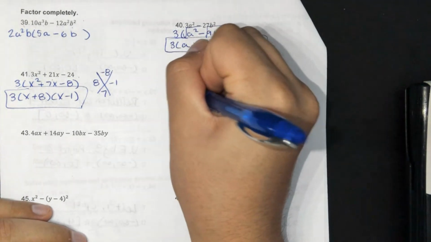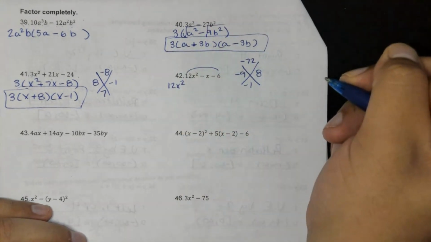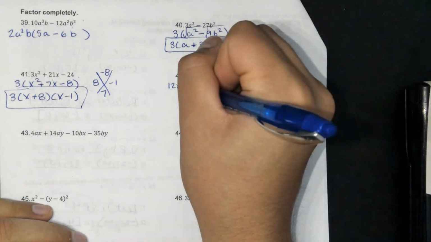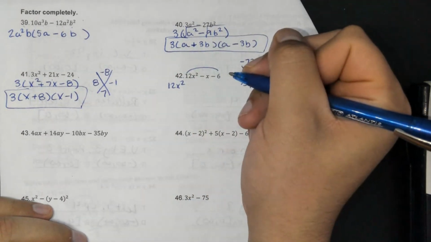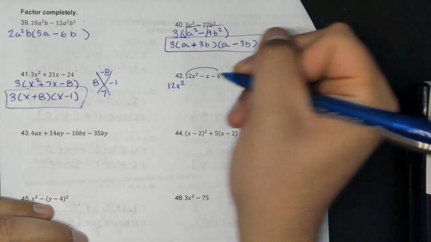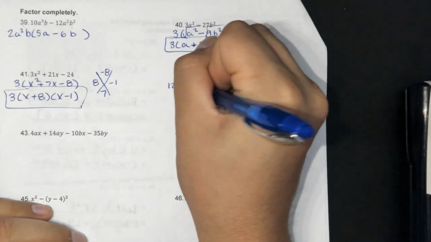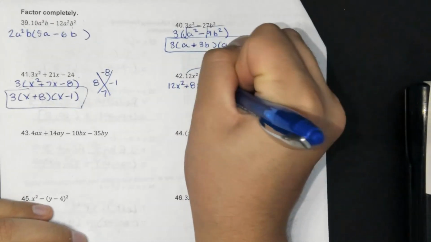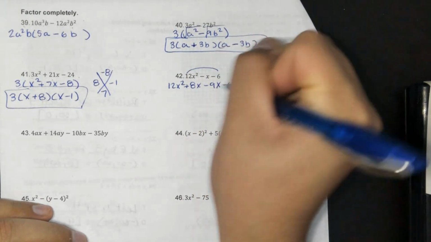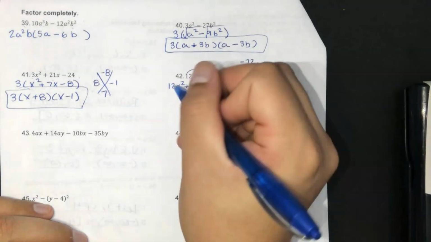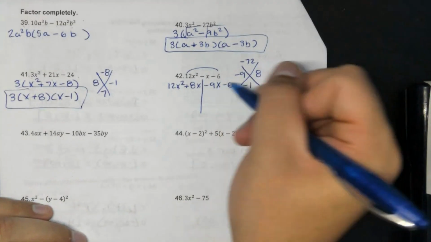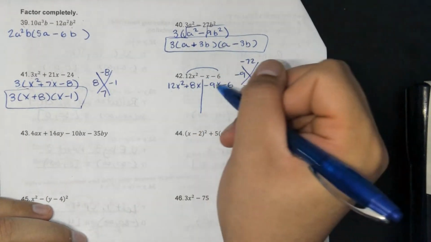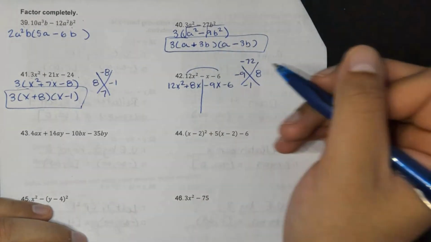All right, so let's split the middle term. I'll do plus 8x minus 9x minus 6. Alright, so 12x squared plus 8x minus 9x minus 6. So we used the 8x and the negative 9x to split the middle term.